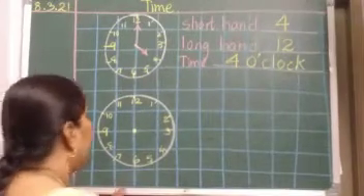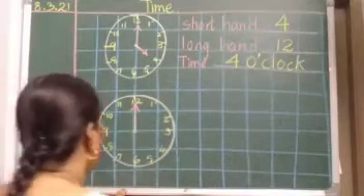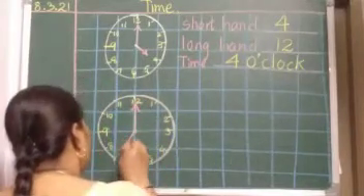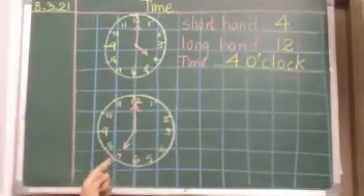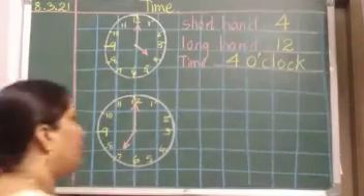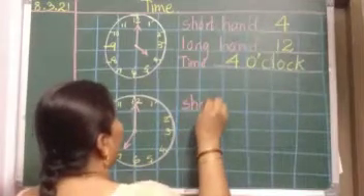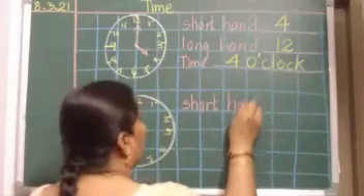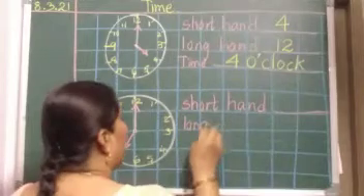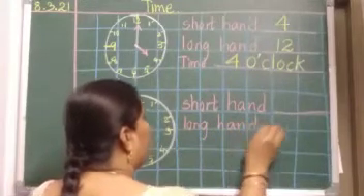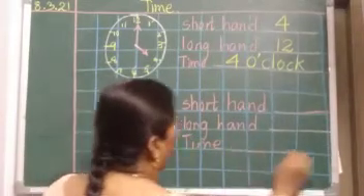Now next, again a long hand showing 12 and a short hand showing 7. What is the time? 7 o'clock. Again you should write here short hand, dash, long hand, dash, time.